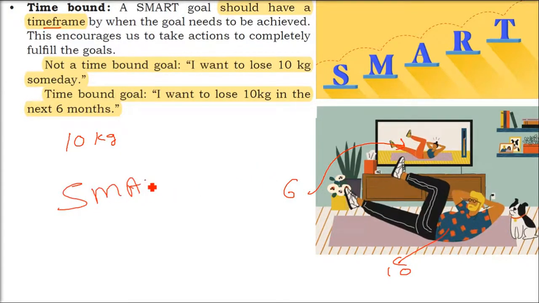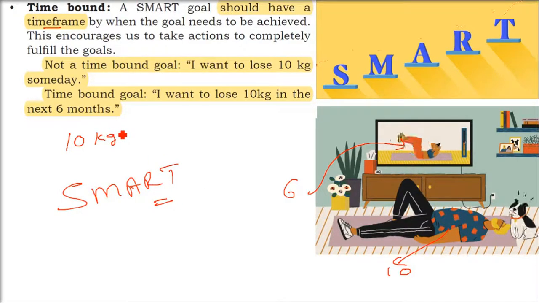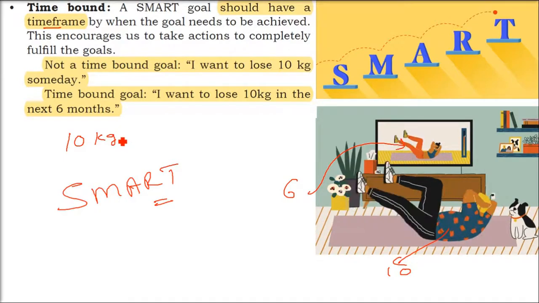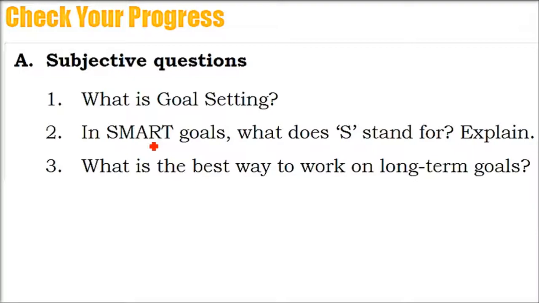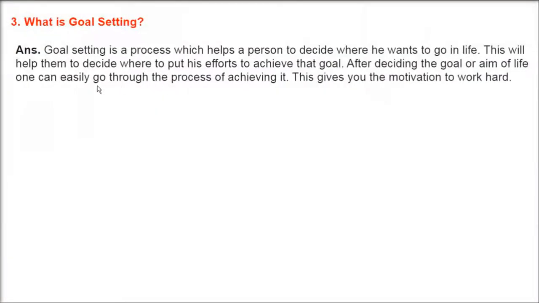So what I told you is the SMART method of goals and goal setting, right? So let us take the questions here. We have already covered this in the discussion, but we'll have a glimpse of it. What is goal setting? Goal setting is the process which helps guide us to decide what we want in our life.